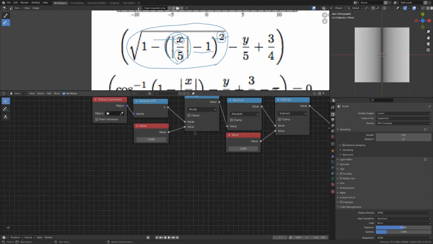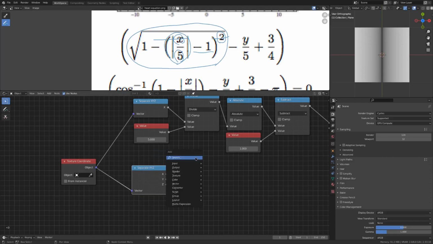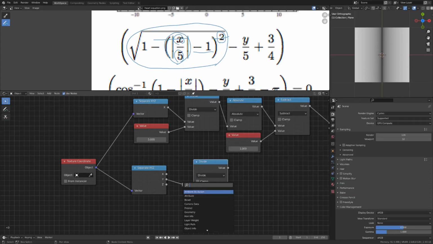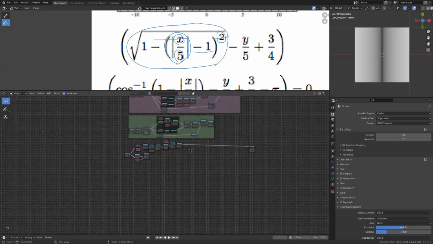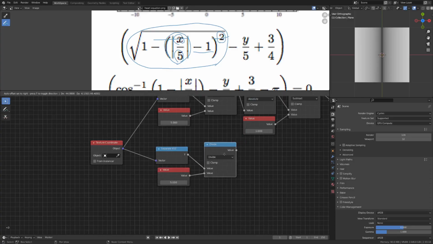So we are going to add another separate x, y, z, and y, math divide y over 5. Oh, yeah, I accidentally pressed Ctrl G, which is a node group. So y over 5.